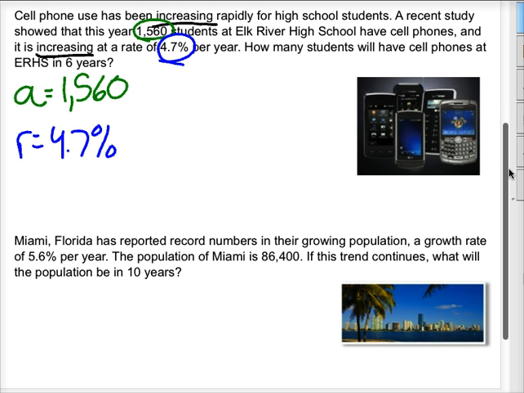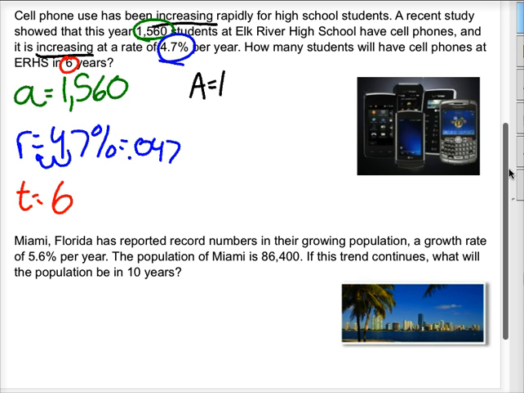We can't use percents, we need decimals. So I'm going to take this, move it over twice. Now don't forget, when you have a percentage that's less than 10, that means you're getting that placeholder 0. So make sure that you're getting 0.047. Don't be that kid that tells me 0.47. You need that placeholder 0. Then finally, our t in this problem is going to be 6. We're talking about 6 years. So now it's time to plug that in.